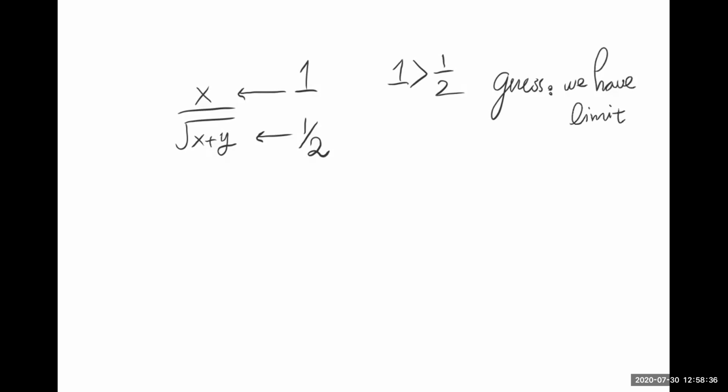Now, my guess is we have a limit, but what is the limit? So I should first guess what is the limit of this function when x and y go to 0.